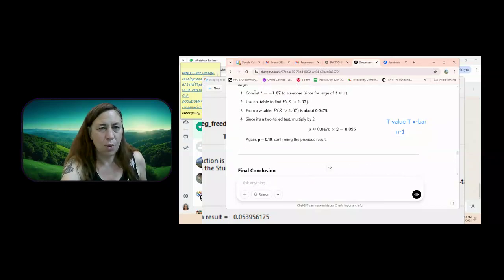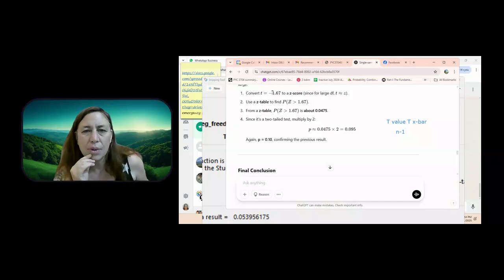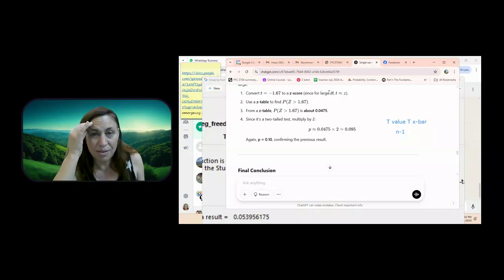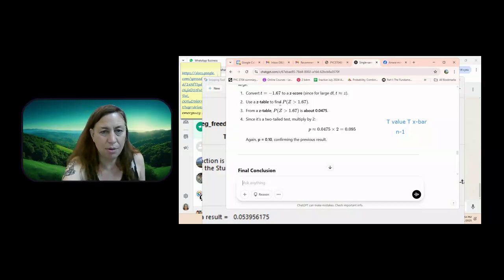If you take 1.67 as your t-value, in a large degree of freedom, if your n number is big, then your t-score is going to be approximately your z-score anyway. Then you go to your z-table and find your p-value for if z is greater than 1.67, right?